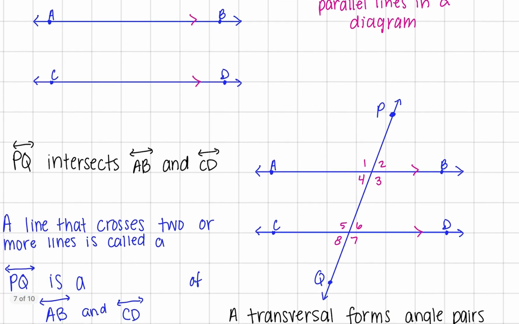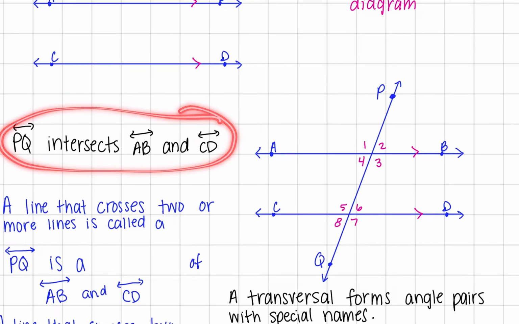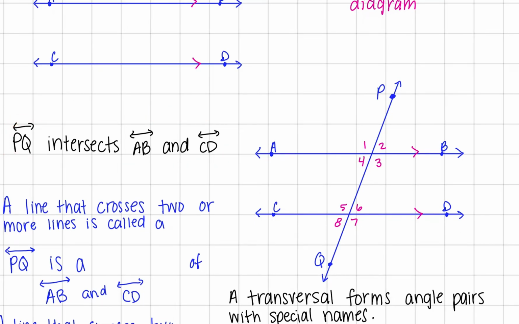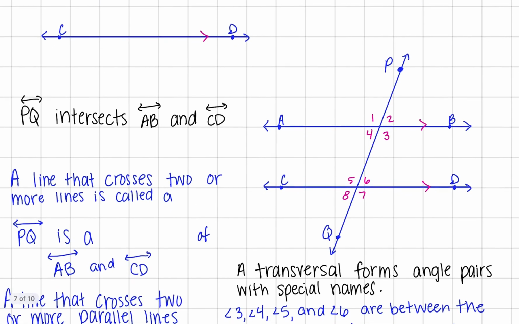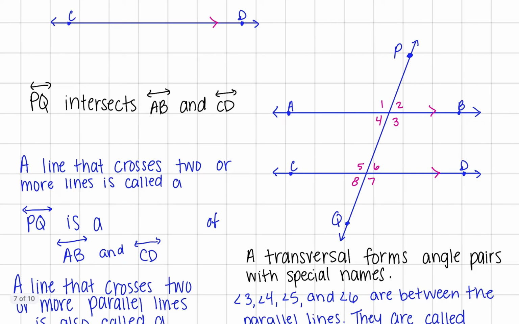Then we're going to add PQ to intersect AB and CD. So I drew PQ to intersect AB and CD. PQ is called a transversal because it is a line that crosses 2 or more lines.